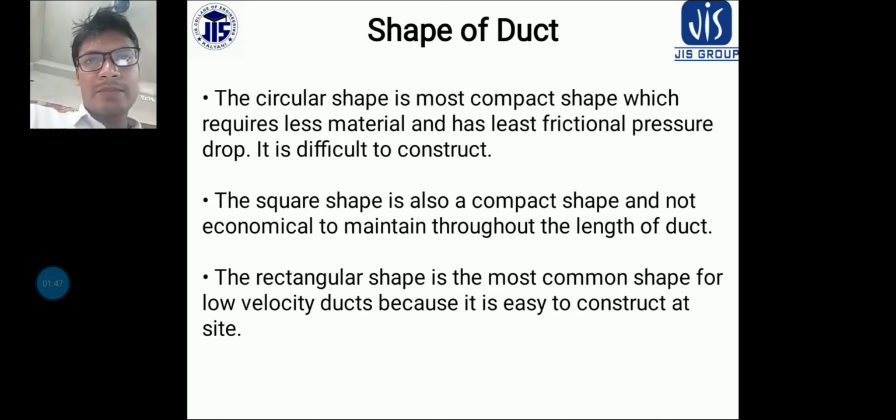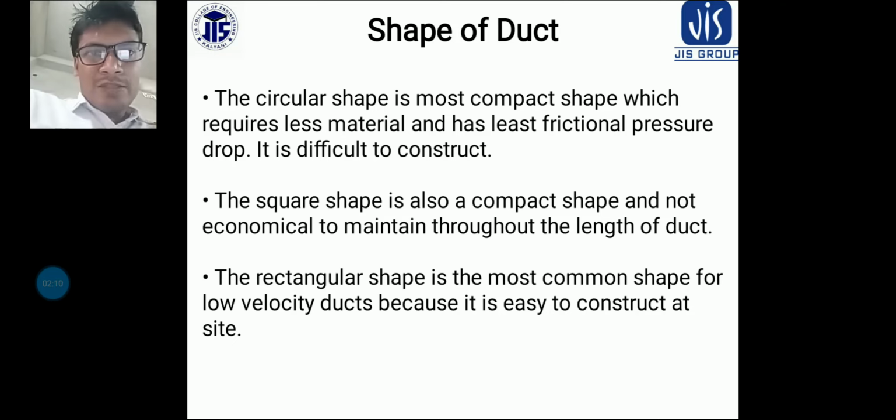We concluded that to get a very efficient duct we can use a circular shape duct, most compact in shape, and the material used is less, but to design and manufacture this duct is very difficult.